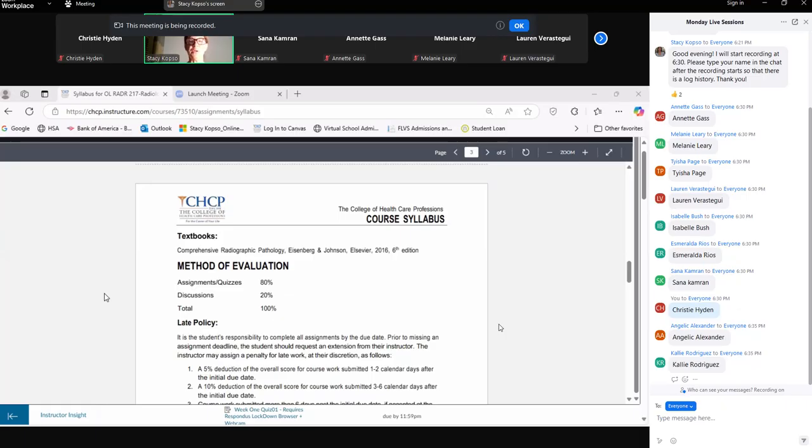So we're going to be going over the syllabus. This is kind of like an advanced radiology pathology class. The boards are not heavy in pathology, but it is required as part of the curriculum when you're in an associate's degree program for radiology.